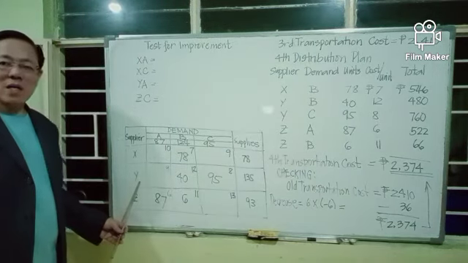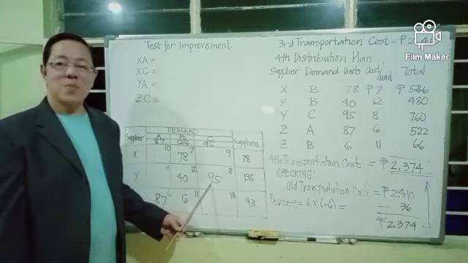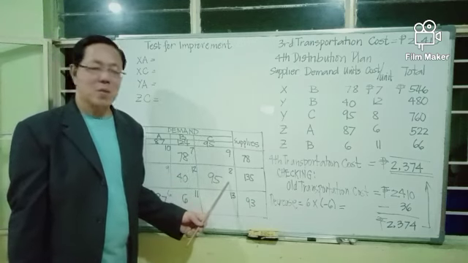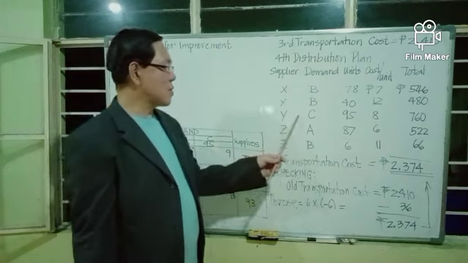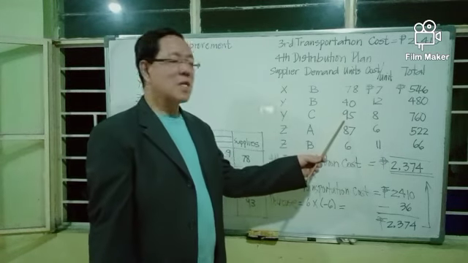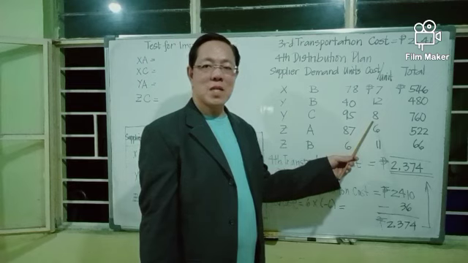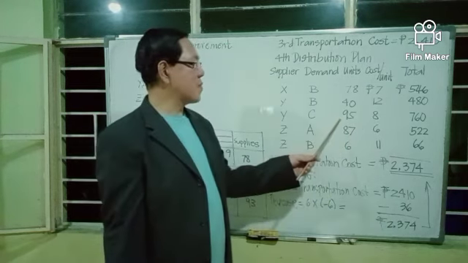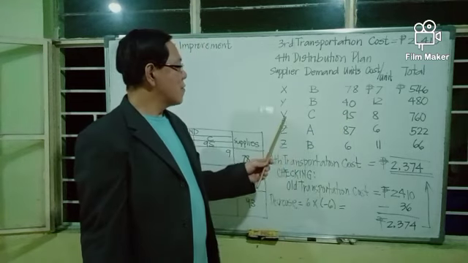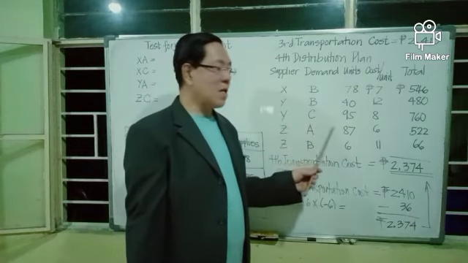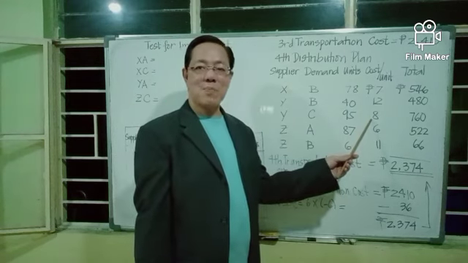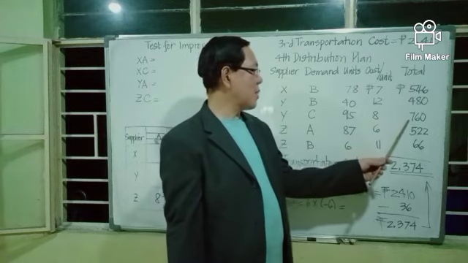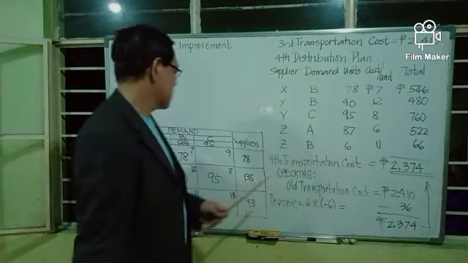From supplier Y again, we supply 95 units to customer C at a transportation cost of 8 pesos per unit. The total transportation cost is 95 multiplied by 8 equals 760 pesos.